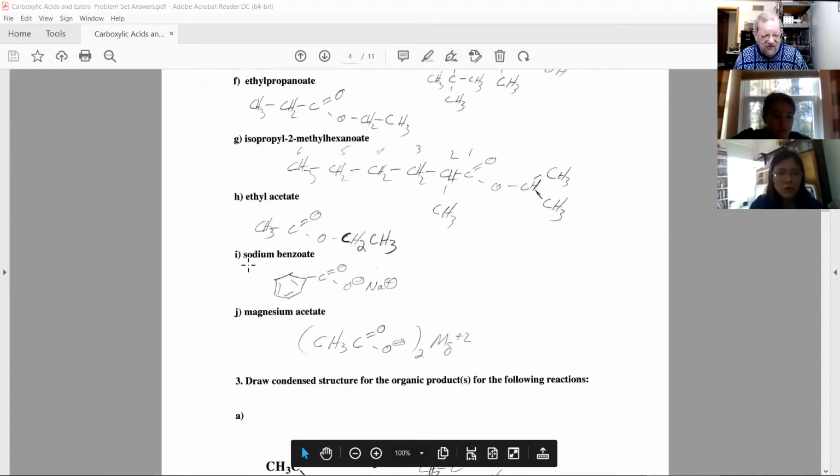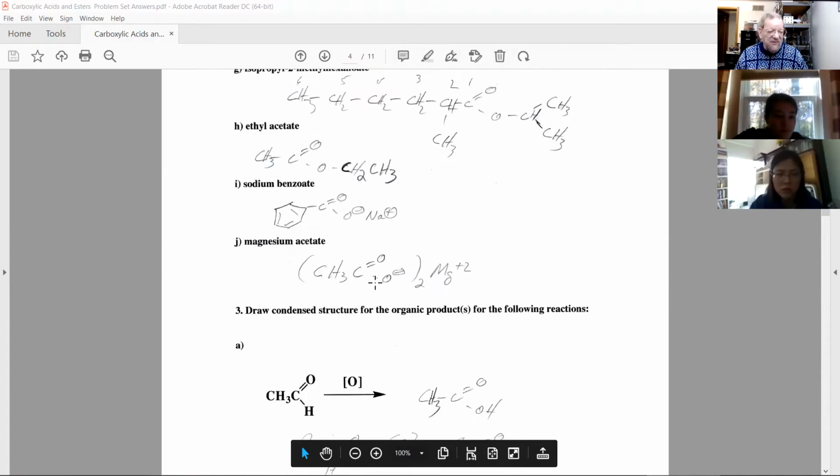You have to use the IUPAC. This benzoate comes from benzoic acid, except the H is replaced with a O minus and a sodium plus. Now, I made a mistake, cross off J. I'm not going to do magnesium or calcium on a test in this class ever, okay?